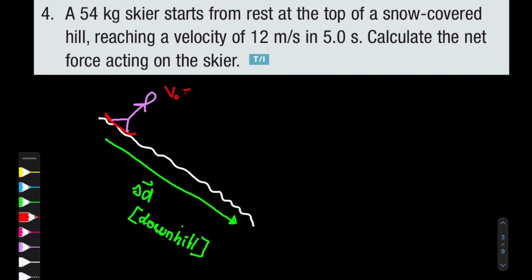So initially, if you're starting from rest, it means you have 0 meters per second initially. And after 5 seconds, you reach a final velocity of 12 meters per second. And this all took place during the time interval of 5 seconds.